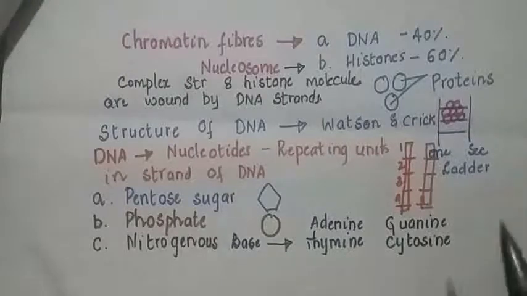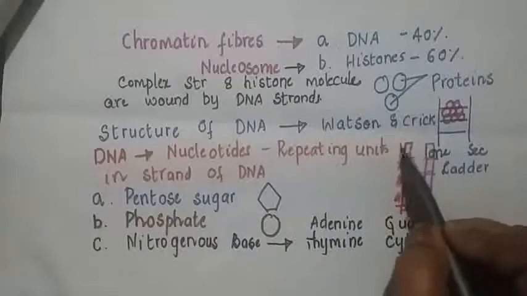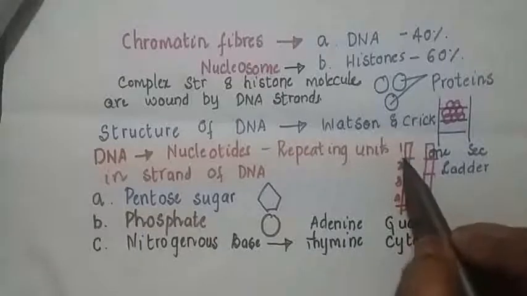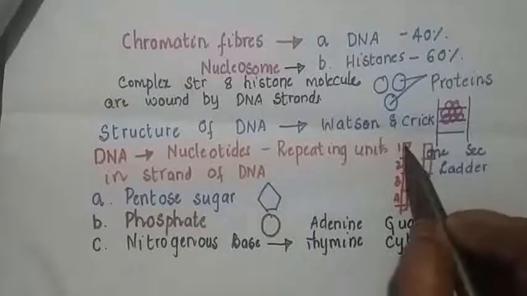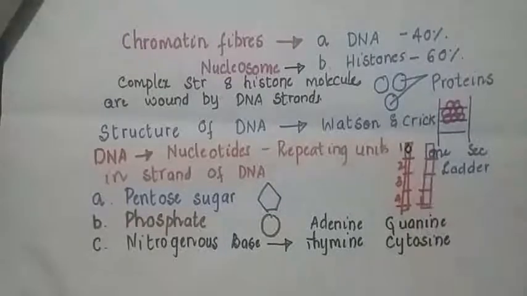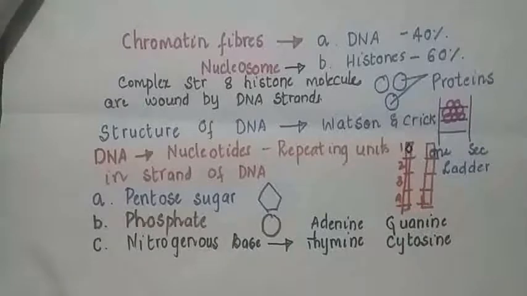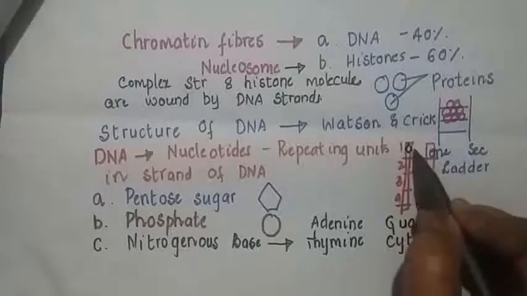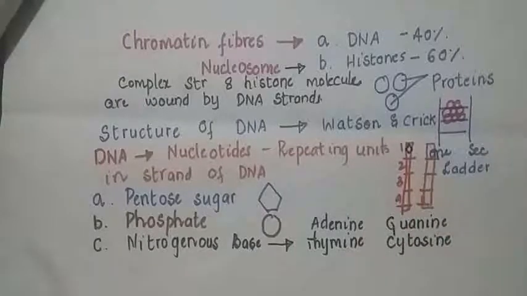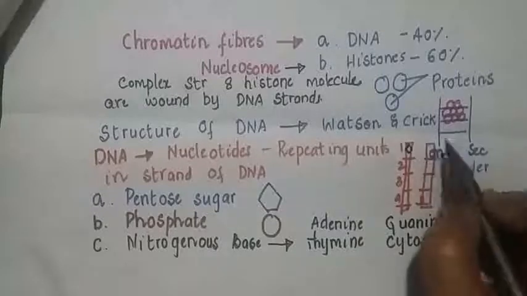In the sense, within this small space of a nucleotide, we find a pentose sugar, and we find a phosphate radical. You may find a pentose sugar here also, in the opposite direction.